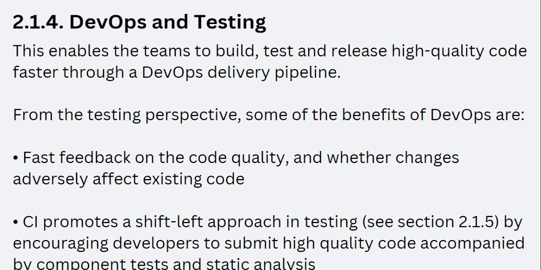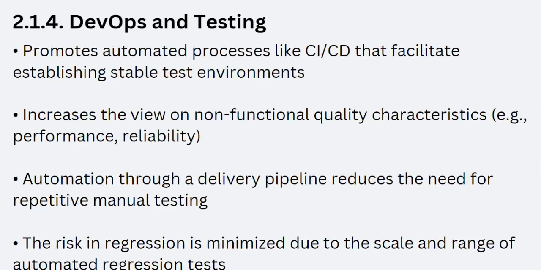From a testing standpoint, some advantages of DevOps include quick feedback on code quality and potential adverse effects on existing code. Continuous integration (CI) encourages a shift-left approach in testing, which will be discussed next, by prompting developers to submit high-quality code along with component tests and static analysis.